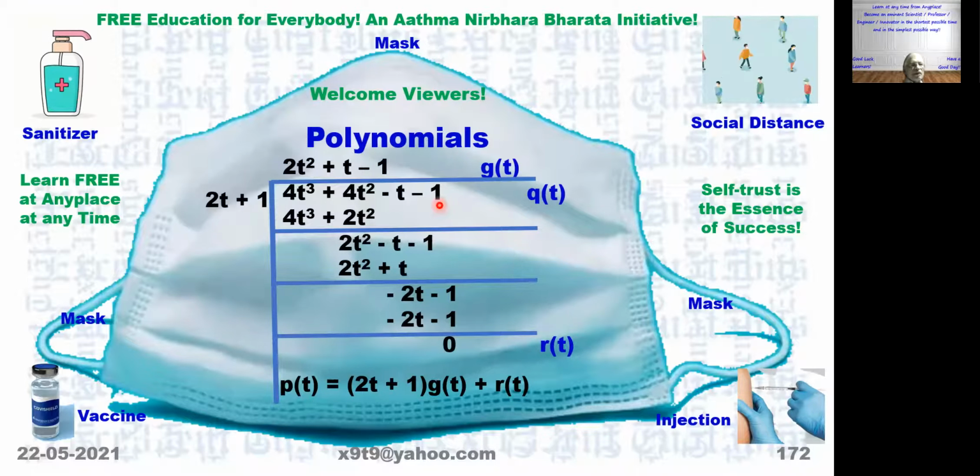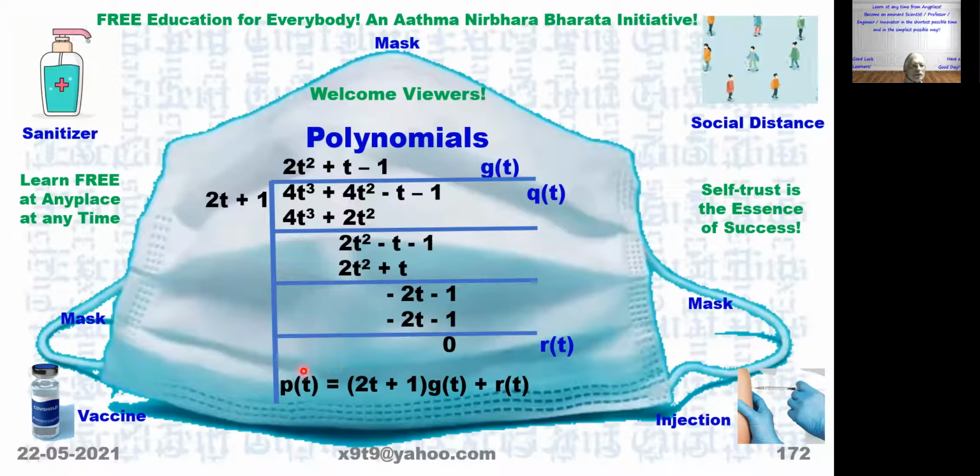In this problem, the polynomial is represented by the letter q and depends on t. The quotient that comes here we can call g(t), and the remainder we can call r(t), there is no problem.